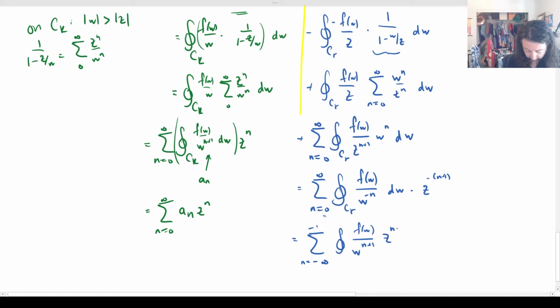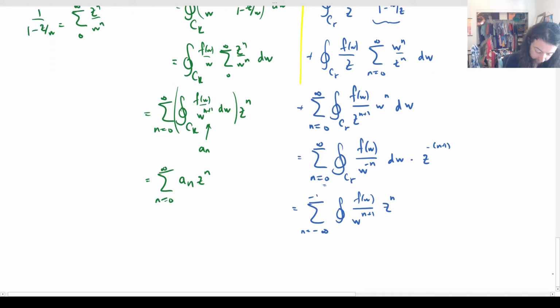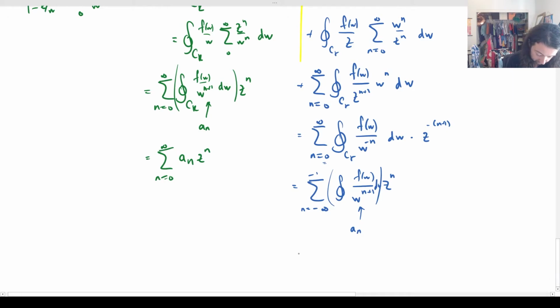Yeah, okay, so that's the right shift. And you can see that we get the same structure for the coefficients here. So now this is a_n, but where the n values run from -1 to minus infinity. And so this is the sum from n equals minus infinity to -1 of a_n z to the n, where a_n is equal to the integral over C_r of f of w over w to the n plus 1 dw.